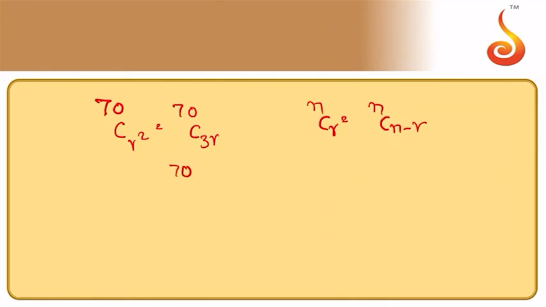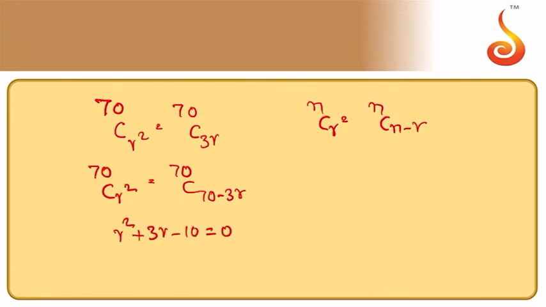So using that we get 70C(3r) equal to 70C(r square).